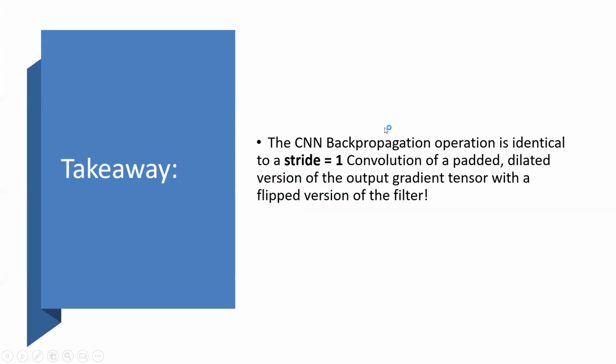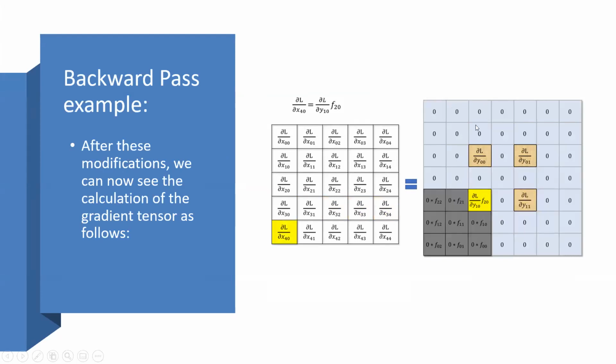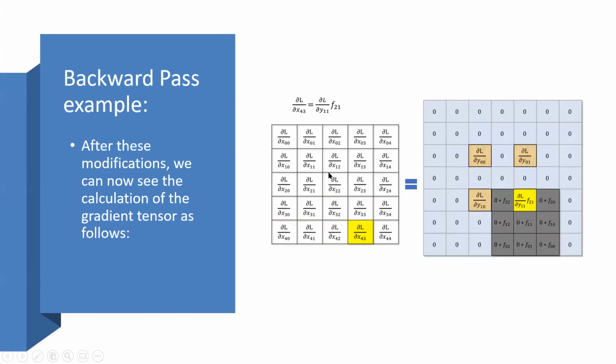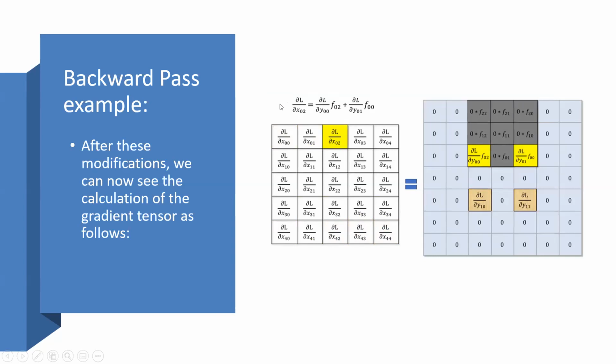So that's our first takeaway: CNN backward propagation is identical to doing a convolution of the upsampled gradient tensor with the flipped version of the filter. We flip the filter and then convolve the upsampled output gradient to get the loss gradients with respect to the input. I hope that is clear. But remember, the lectures will be made clearer by the professor when he gets to these topics over the next couple of weeks.